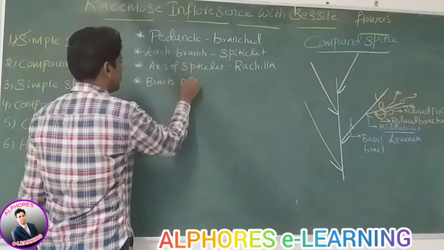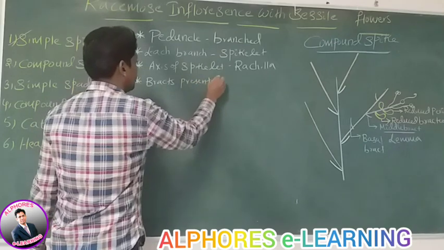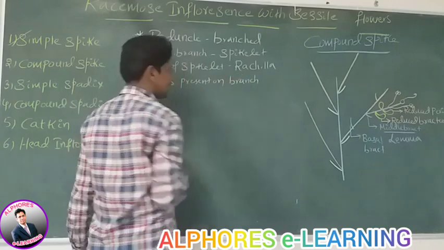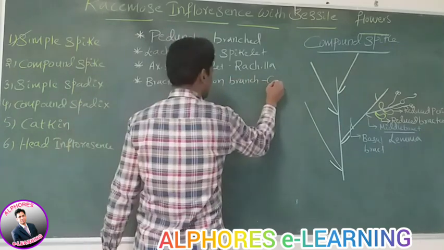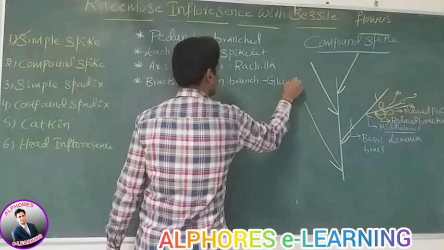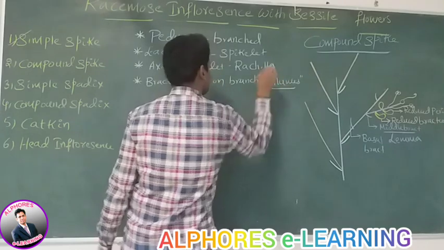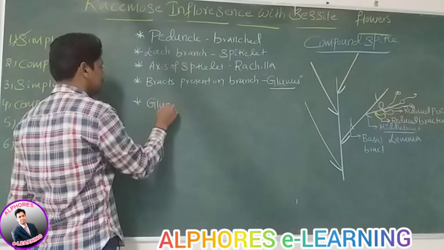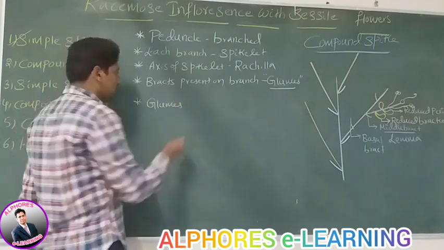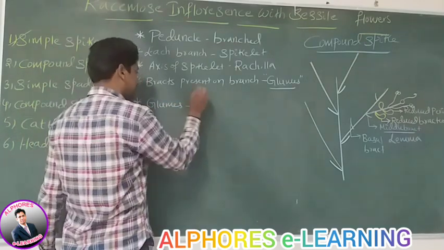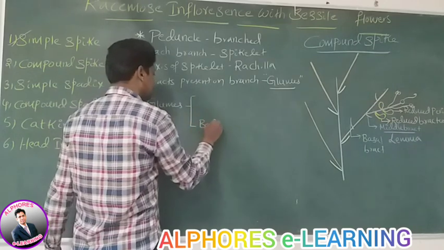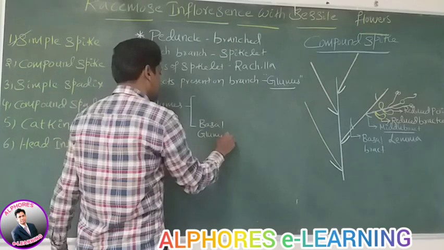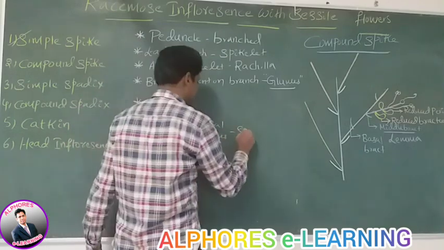Bracts present on the branch are called glumes. How are these basal glumes? Basal glumes are sterile.